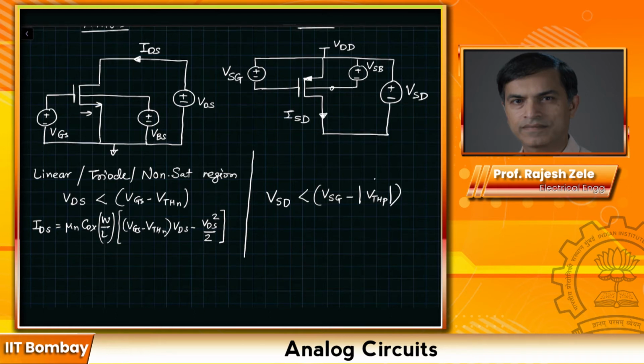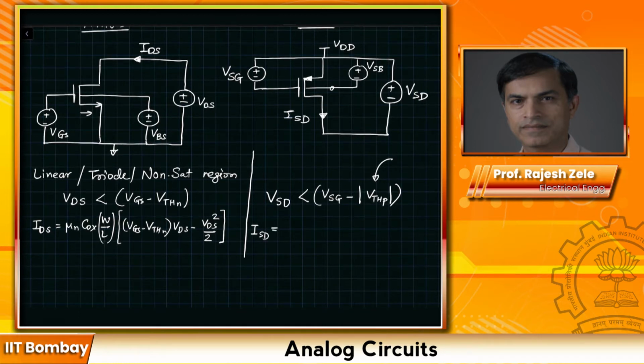The reason we are showing mod here is typically the threshold voltage for PMOS is shown as a negative number. So in order to reduce that confusion, we just take mod whenever we talk about the threshold voltage of the PMOS.